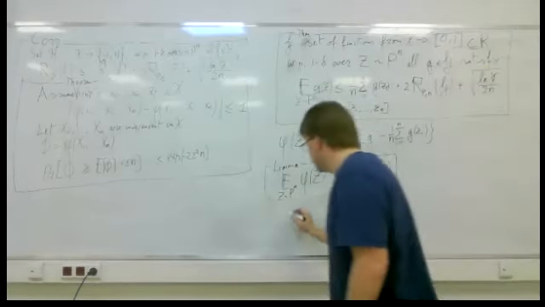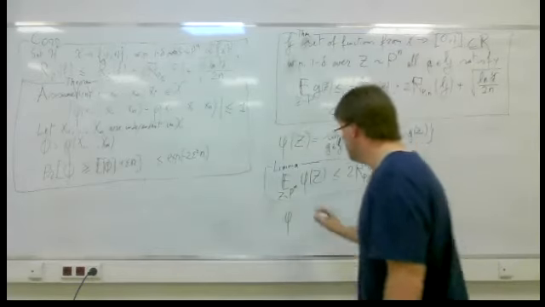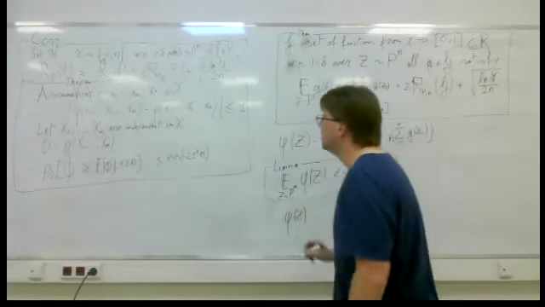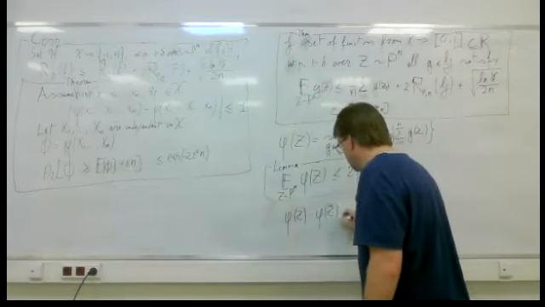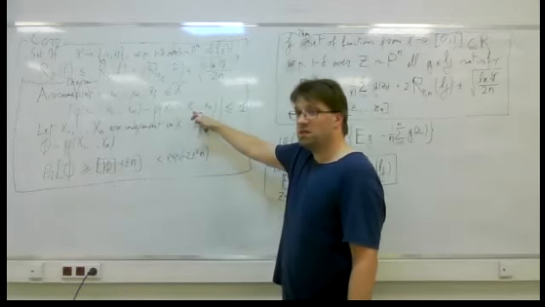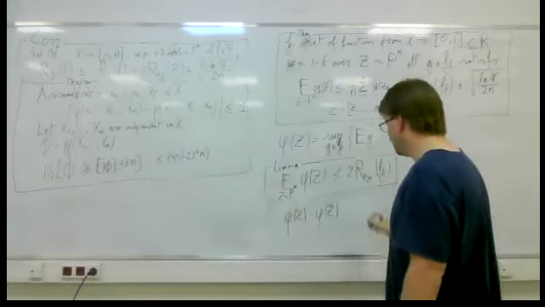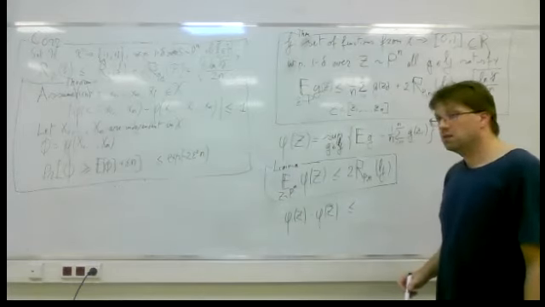So let us say what we have. We have phi of Z minus phi of Z tilde, where Z tilde is just Z with one point changed. And we need to prove that this is smaller than 1.